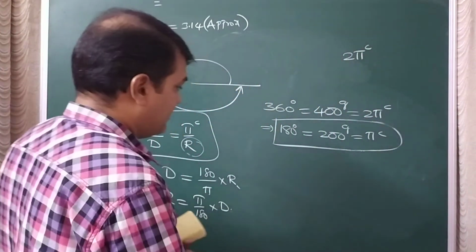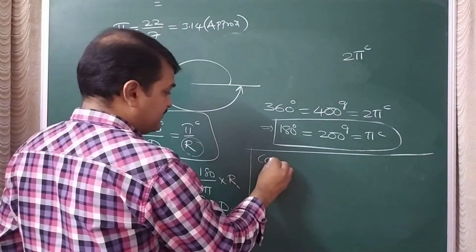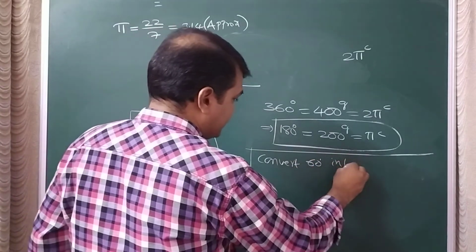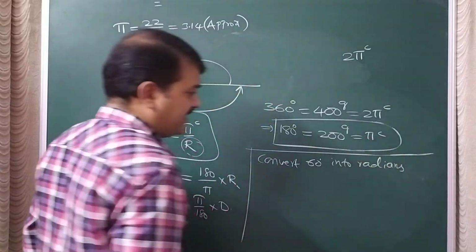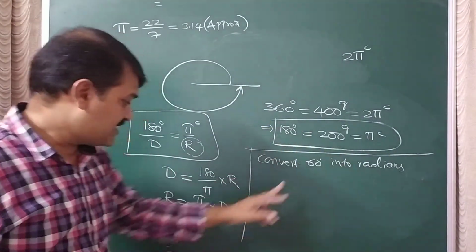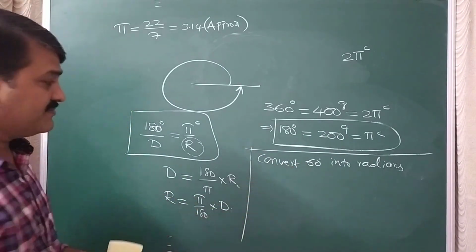Let me take some examples. For example, I want to convert 60 degrees into radians. Degrees is given, so substitute here and you will get radians.